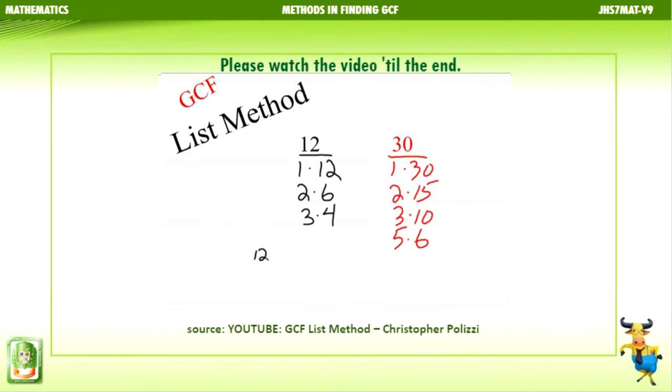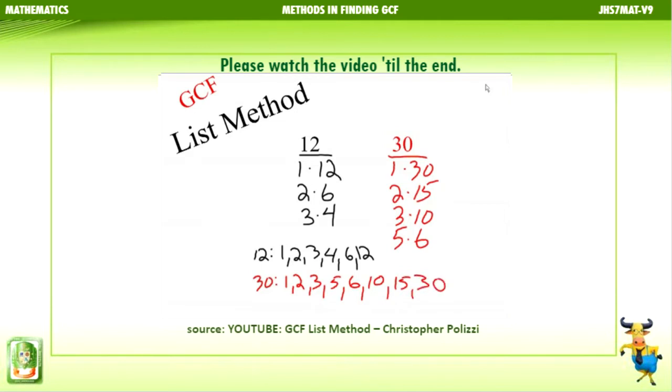So the factors for 12 are 1, 2, 3, 4, 6, and 12. The factors for 30 are 1, 2, 3, 5, 6, 10, 15, 30.